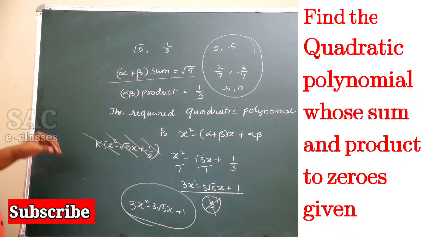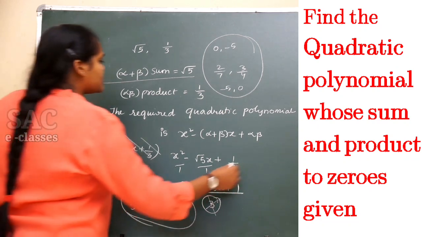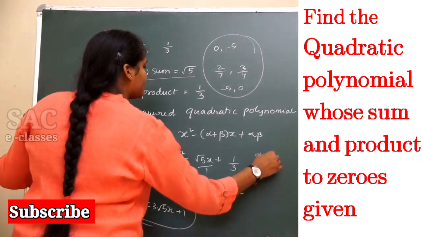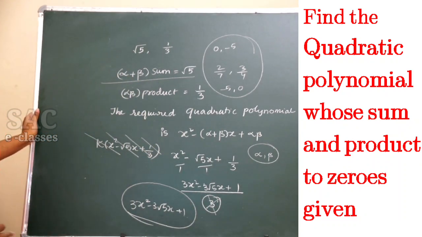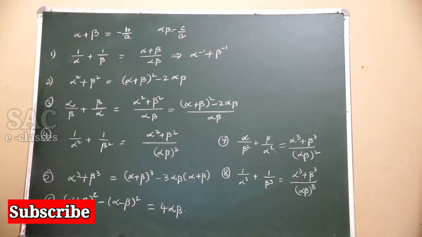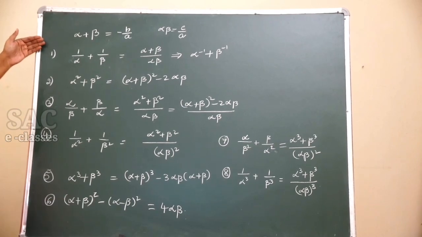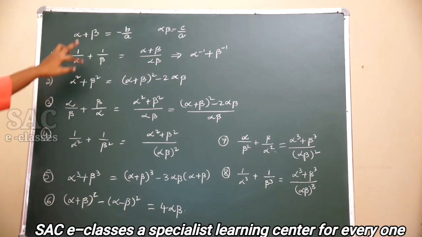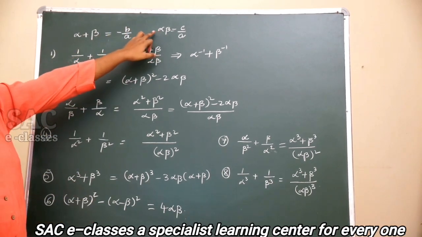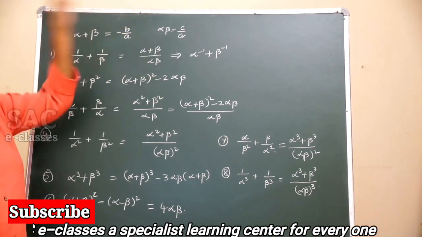Now we are going to learn some more application problems with the help of relationship identities based on alpha and beta. Let me list those out. Here I have mentioned all the identities which are linked with the relationship between the zeros and the coefficients.